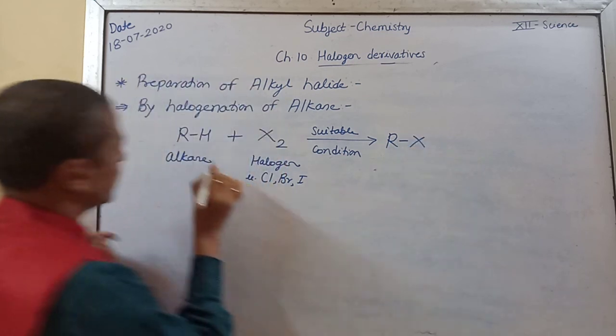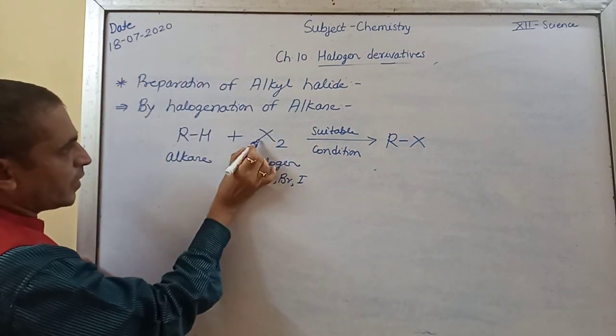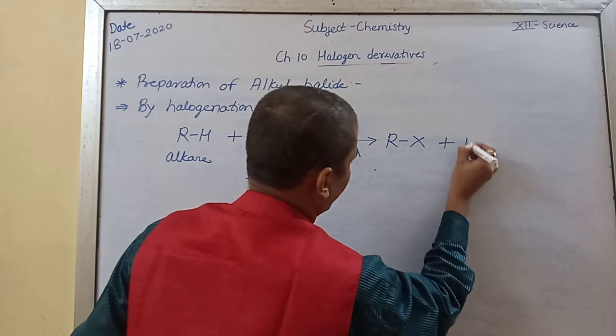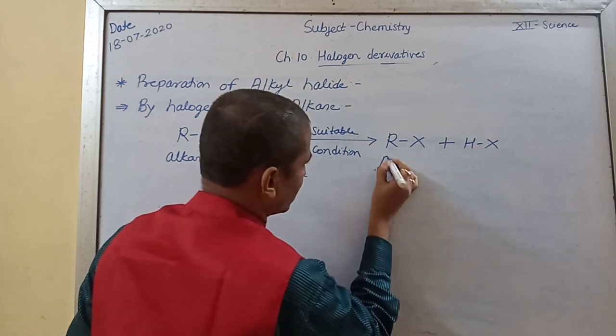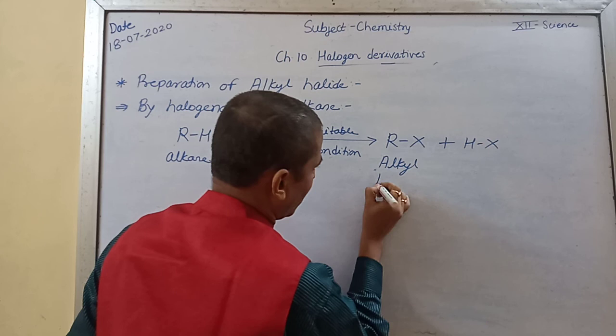Here H is replaced by X, so you get HX and RX, which is called alkyl halide.